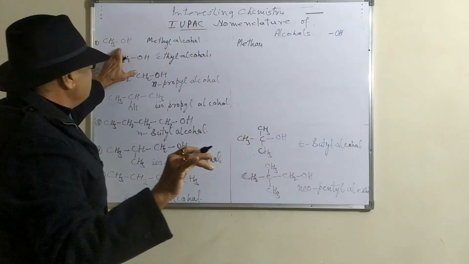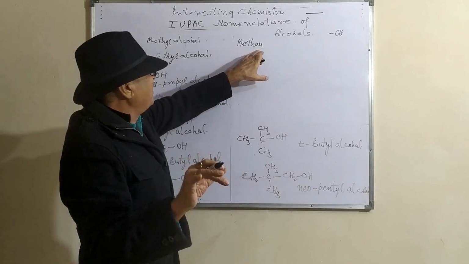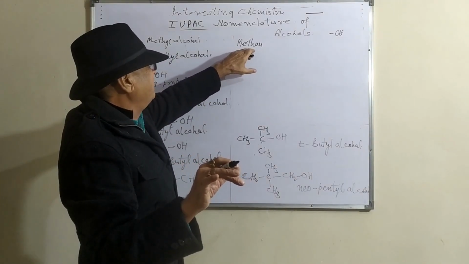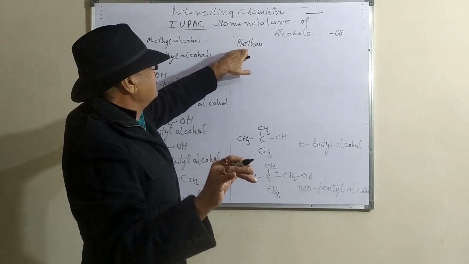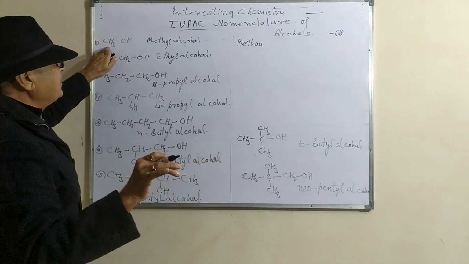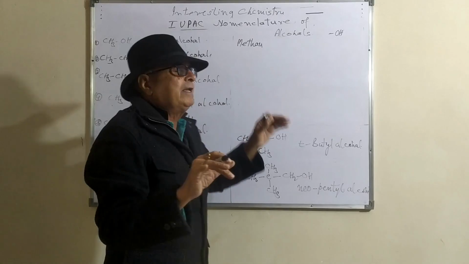So this is also a derivative of hydrocarbon, and you will find the parent compound name as methane, ethane, propane, etc. Here there is only one carbon.